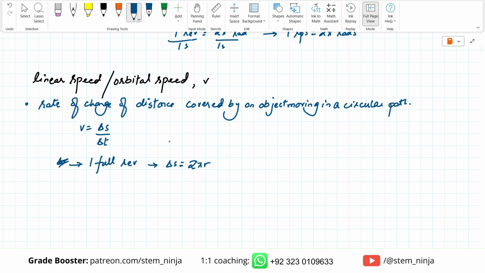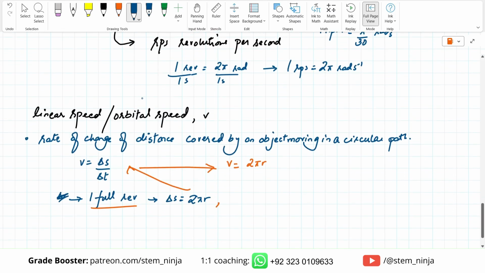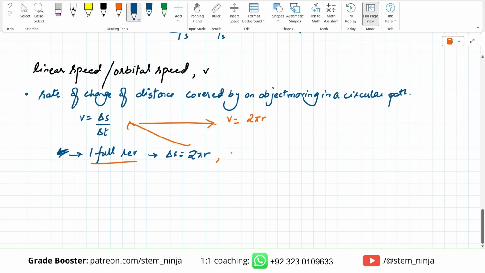So the earlier equation transforms into v equals 2 pi r over the time it takes for one full rotation, which we refer to as the period or time period.